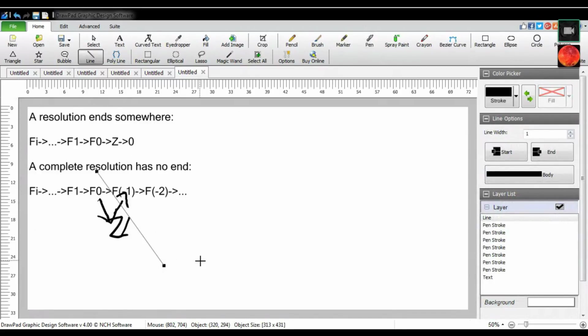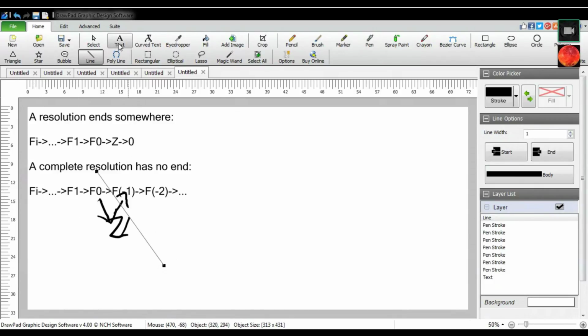So what does this look like? If we look at this left part here, all the modules with positive index and they go out into Z, this is just a normal resolution. And then from Z into F_-1, this is just a resolution, but kind of backwards. And it turns out that these backward resolutions, if we just restrict ourselves to modules of finite type, is just a dual of a resolution.